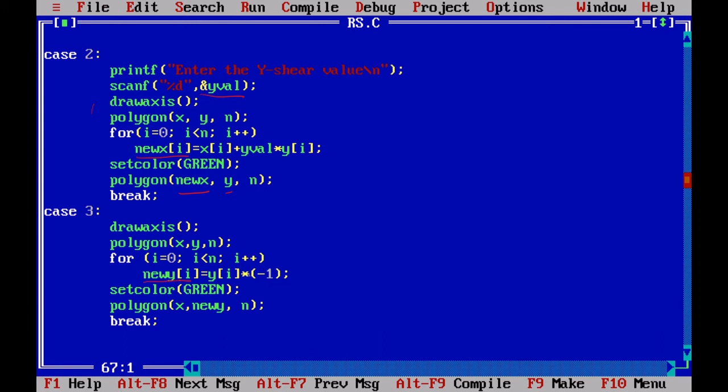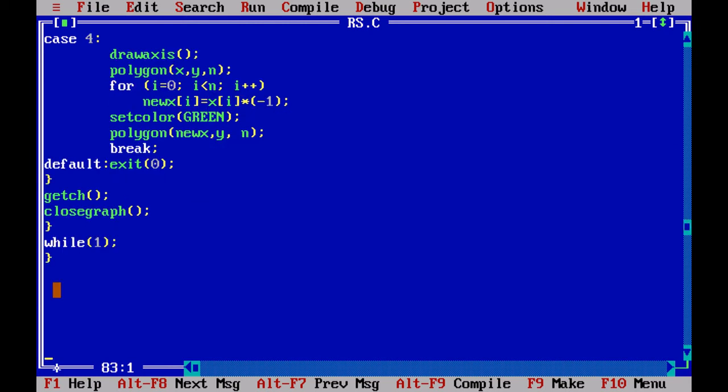So I am changing only the sign of the y value and I will draw the new polygon. The same way, when it is with respect to the y-axis, we change only the x sign, negative to positive and positive to negative, and we redraw the new polygon.